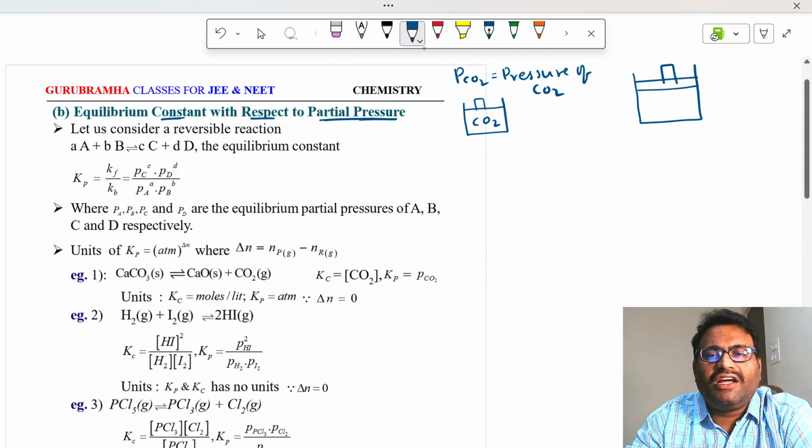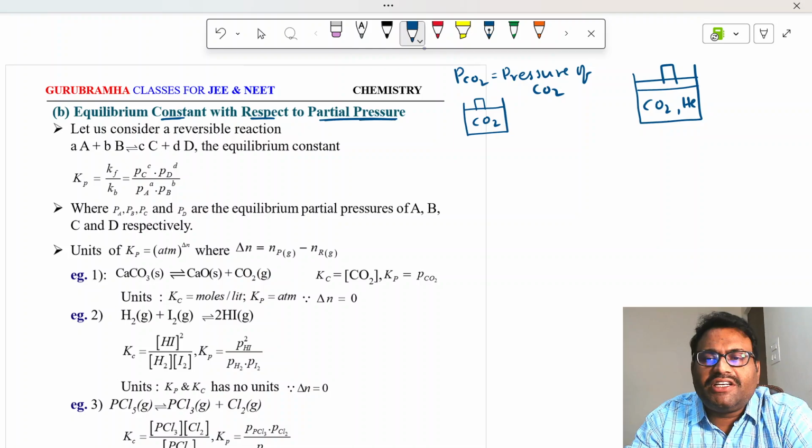But if there are more than one gas, like carbon dioxide and helium, and these two are not reacting with each other, carbon dioxide will exert pressure, as well as helium gas is also exerting pressure.